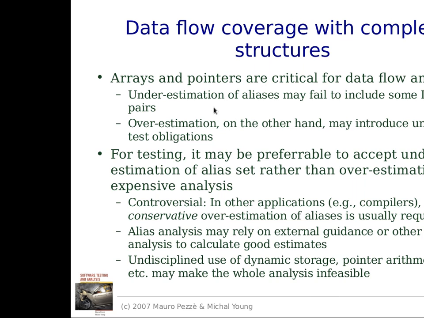So arrays and pointers are critical for this flow analysis. Underestimating the aliasing may fail to include some of your pairs. Overestimating may introduce infeasible test obligations into your program. So you want to come up with something exact.